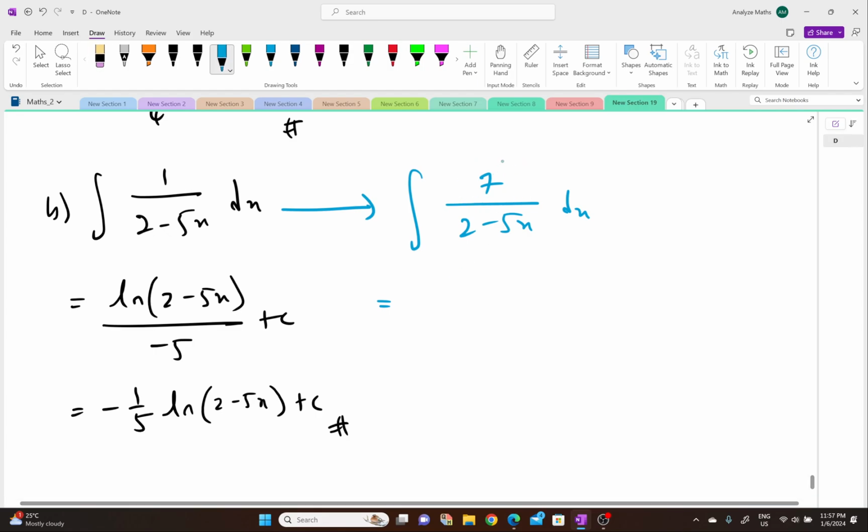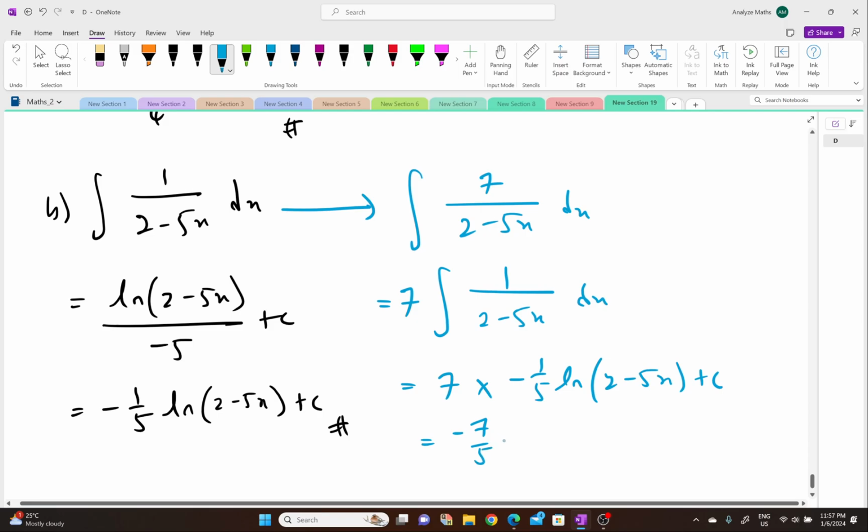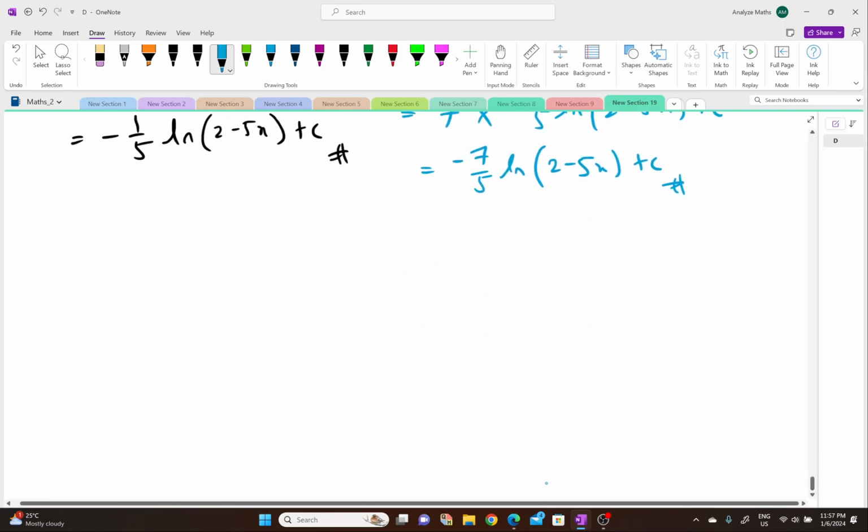Constant means only numbers, right? Just a number, not a variable. You can take out the 7, and then you will end up with the answer like this. So this is negative 7 over 5 ln 2 minus 5x. This is the answer. So still can, okay, don't worry. If the numerator is just a number, we can still do. Variable, then we have to use some other method.